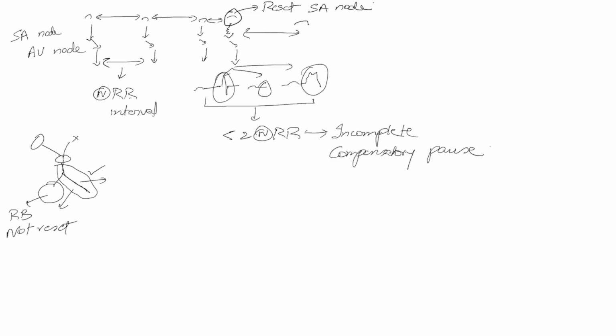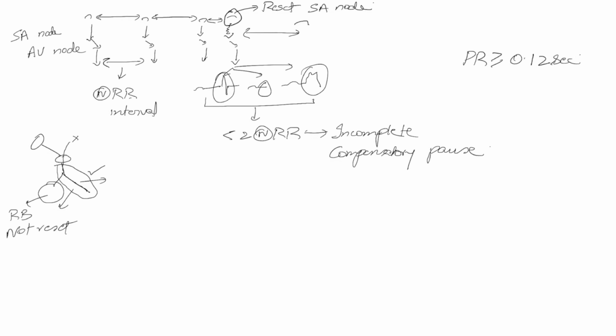Now, because the P wave is starting off in the atrium, it would still have to go through the AV node, and so typically the PR interval is more than or equal to 0.12 seconds.